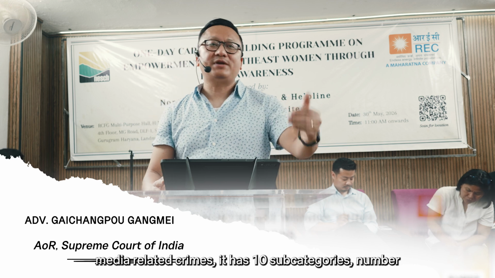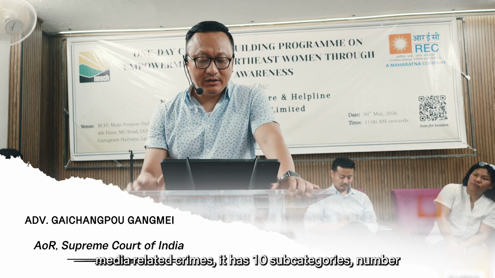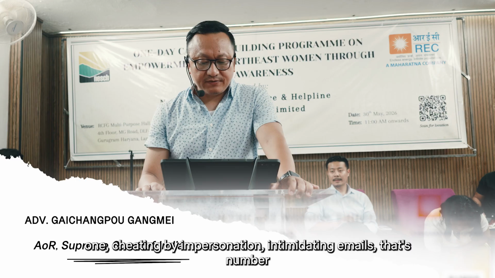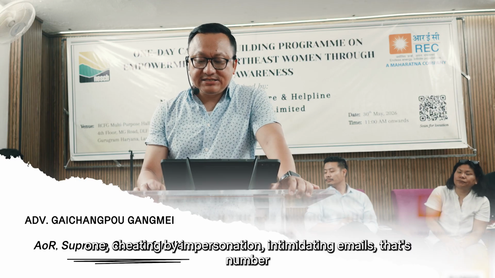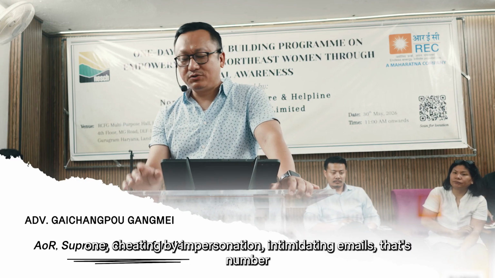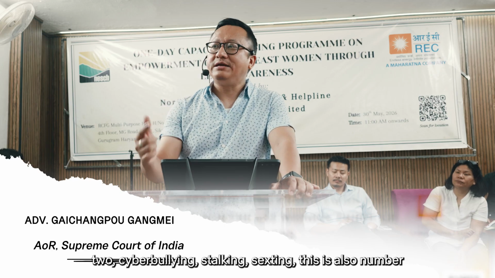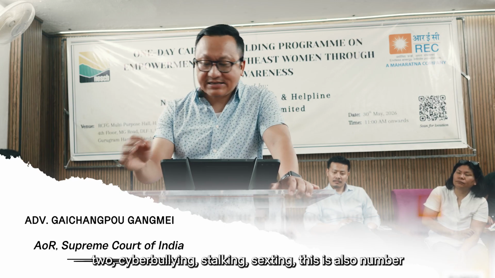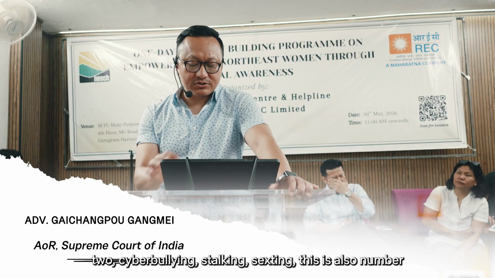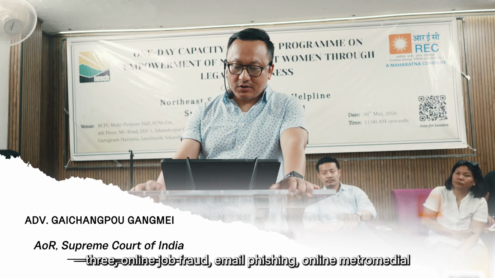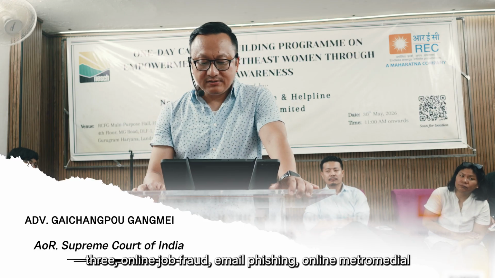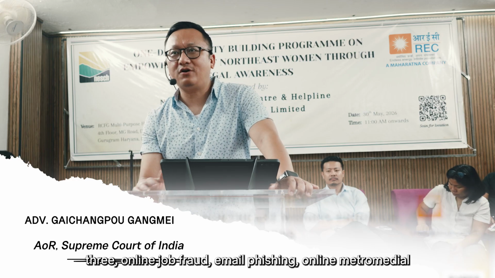It has 10 subcategories. Number 1, cheating by impersonation. Intimidating emails, that's number 2. Cyberbullying, stalking, sexting, this is also number 3. Online job fraud, email phishing, online matrimonial fraud.